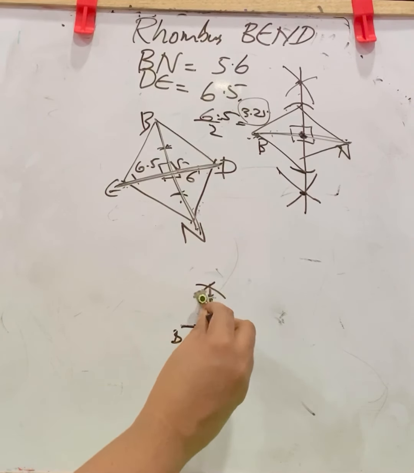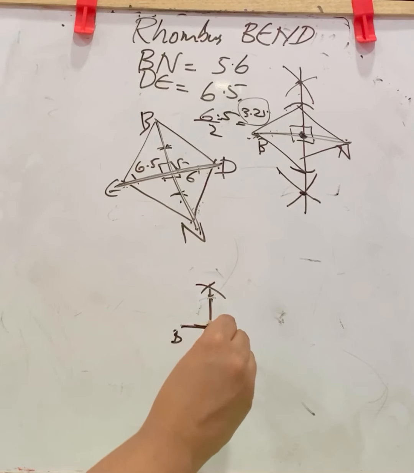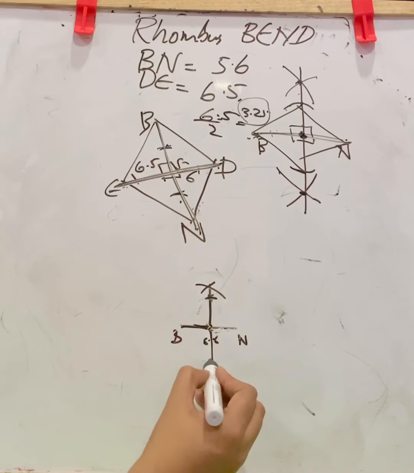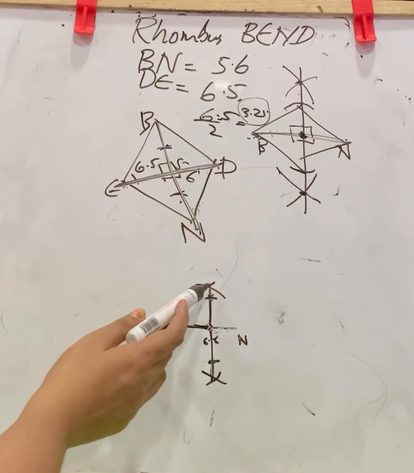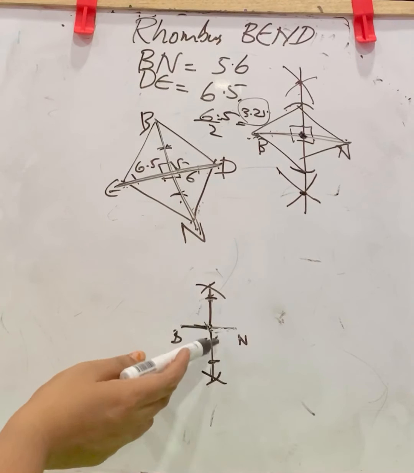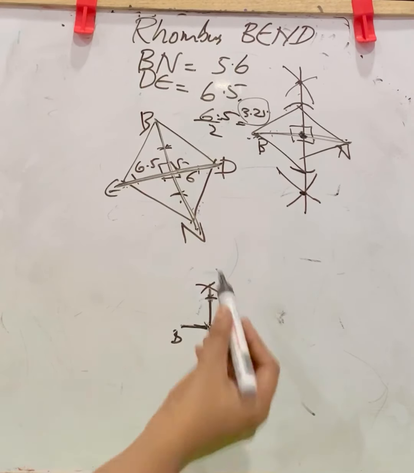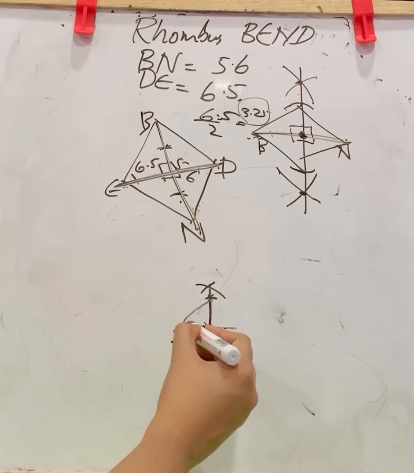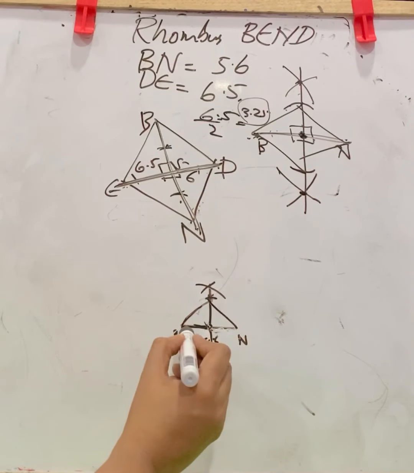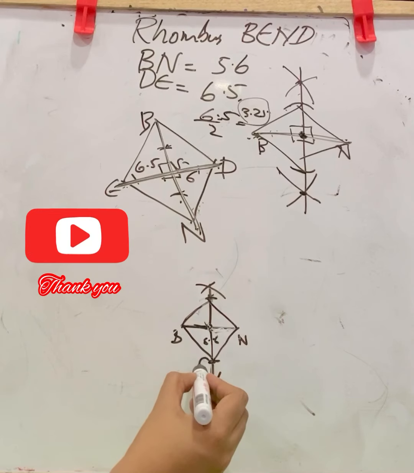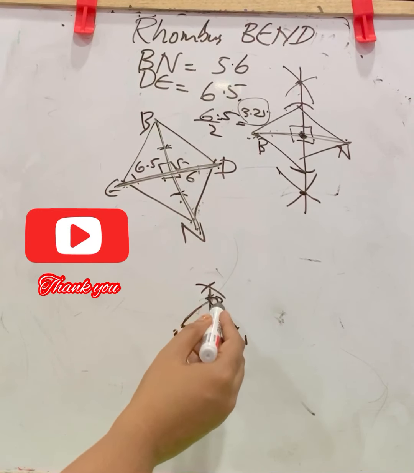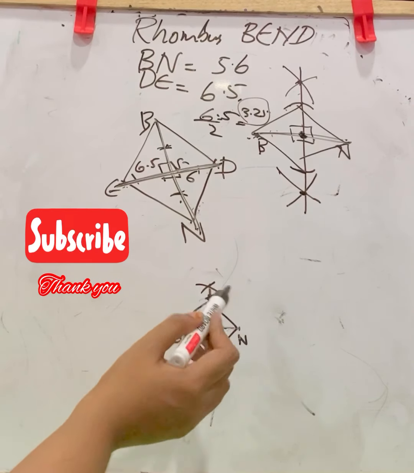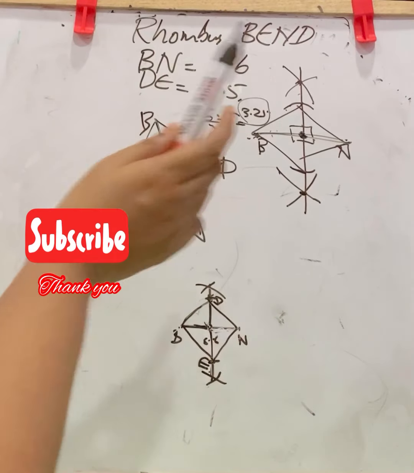We will draw an arc here on the upper side and lower side. This measurement is 3.25 and this measurement also 3.25. Now next, join this to each side. We will mark E here and D here. So we got the rhombus BEND with the given 2 diagonals.